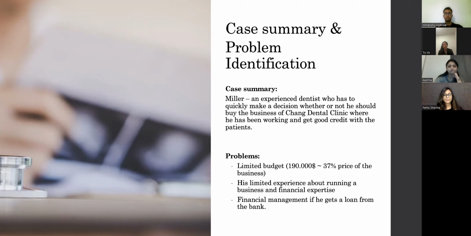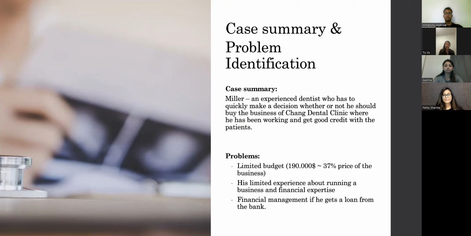But the problem here is he has a very limited budget, which is $119,000 compared to the price of the business of $510,000 US dollars.